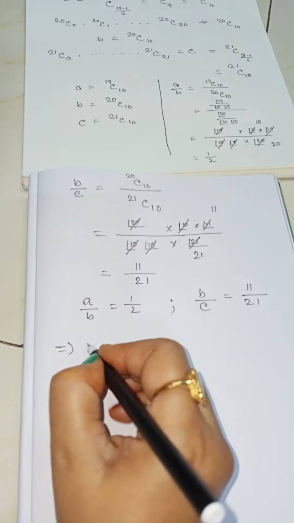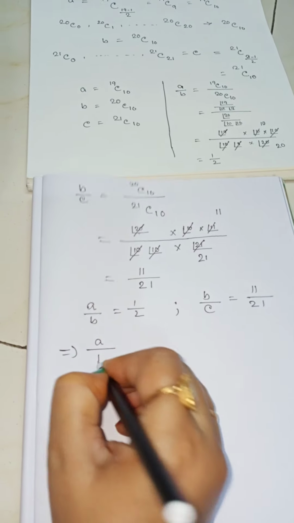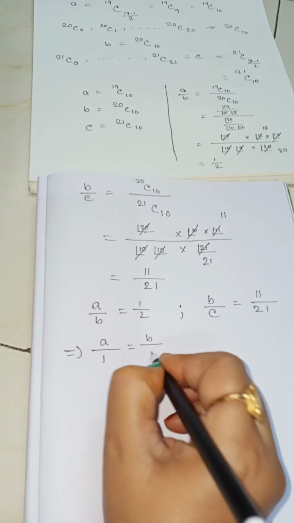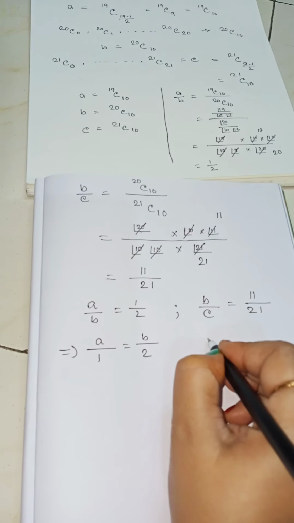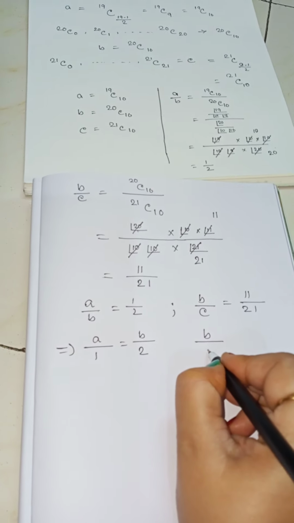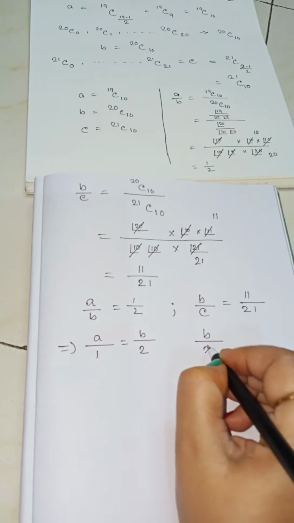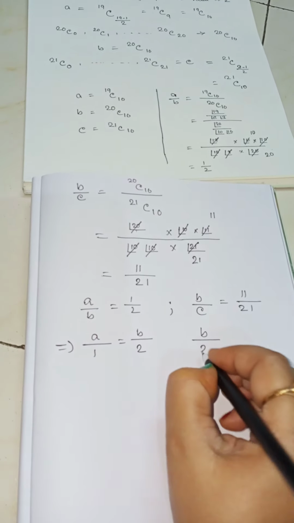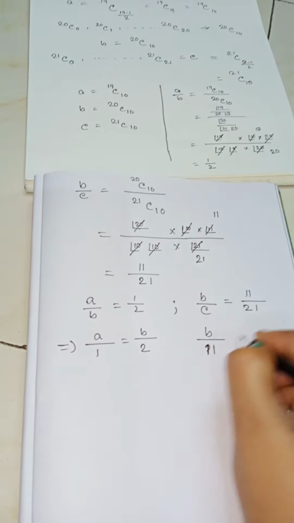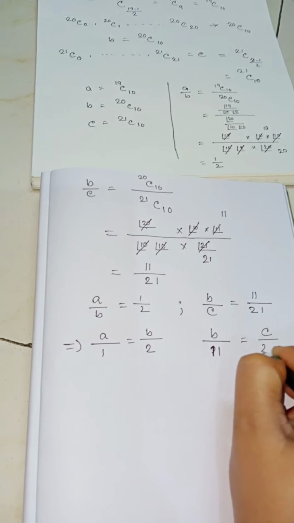Now simplifying this, A by 1 is equal to B by 2, and B by 11 is equal to C by 21.